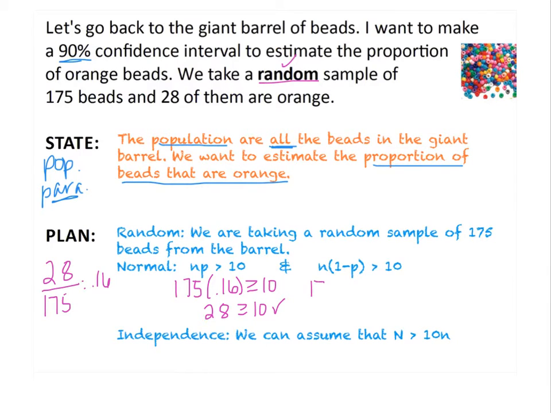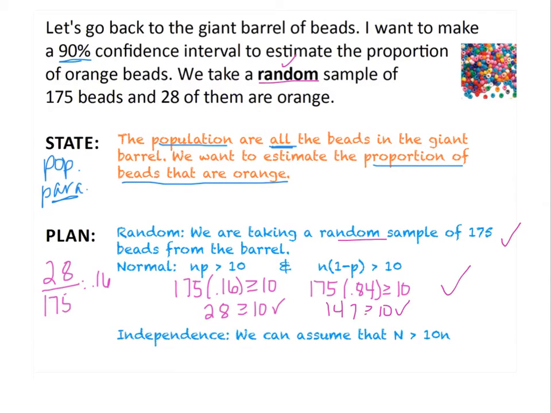And then 175 times 0.84 greater than or equal to 10. And when I do that, I get 147, greater than or equal to 10. And that's met. So random, it says random in the problem, that condition's met. Normal's met.